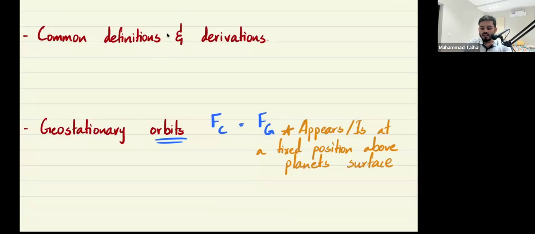And there are these three conditions which are required for a geostationary orbit. Actually, let's write it like this.